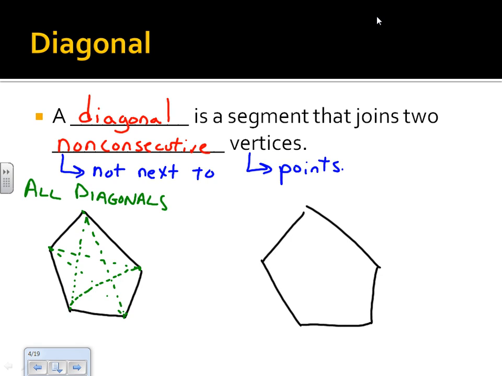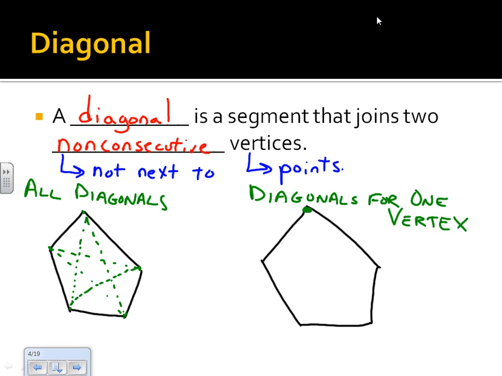Now I want to draw the diagonals for one point. So the diagonals for one vertex. In this case, I'm going to choose the top vertex. How many diagonals can I draw from that? Where are they? Tell me when to stop.